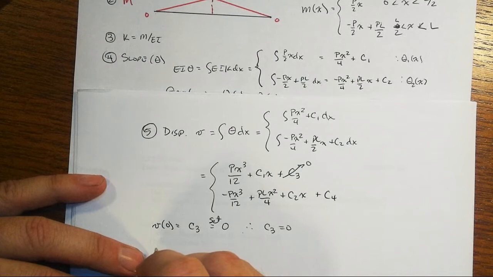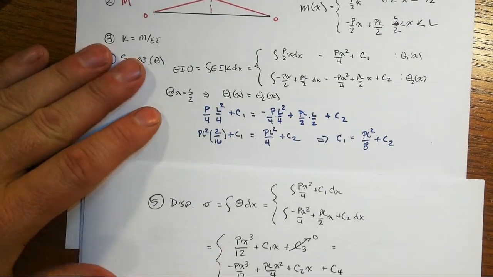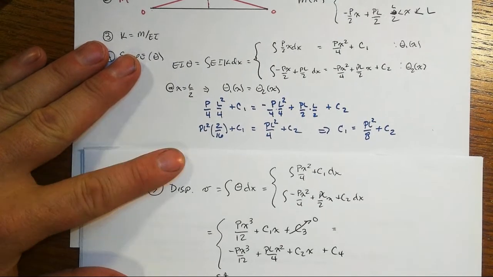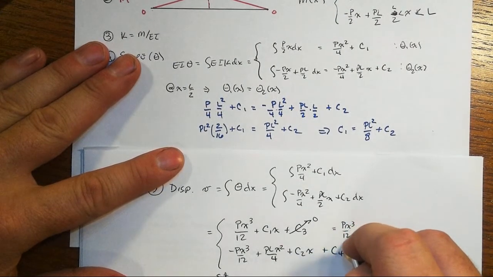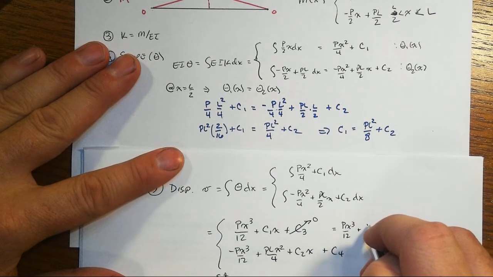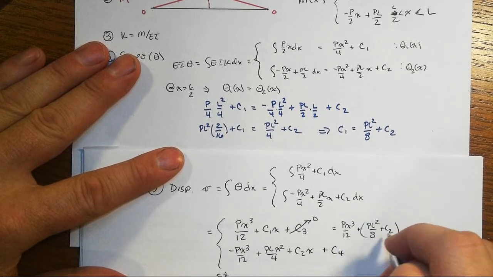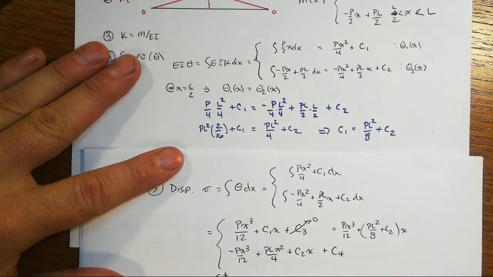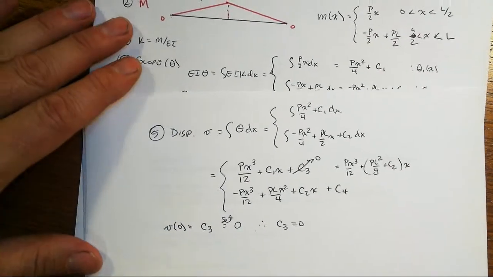So that's kind of nice. And now we can actually substitute in that we know C1 from over here. So we'll get px cubed over 12 plus C1 times x. So that's PL squared over 8 plus C2 all times x. I don't know if that's helpful or not, but we're going to use it temporarily anyways.